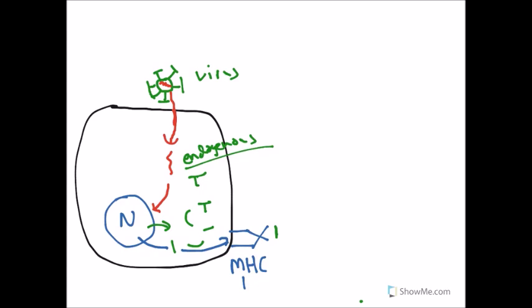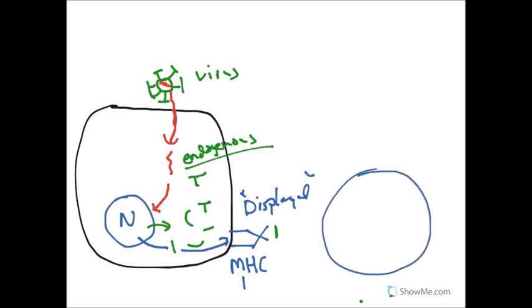This displayed antigen will now be able to interact with T cells, and not just any T cell, but a CD8 T cell. This CD8 T cell possesses a T cell receptor and a CD8 protein marker, making it a CD8 T cell.